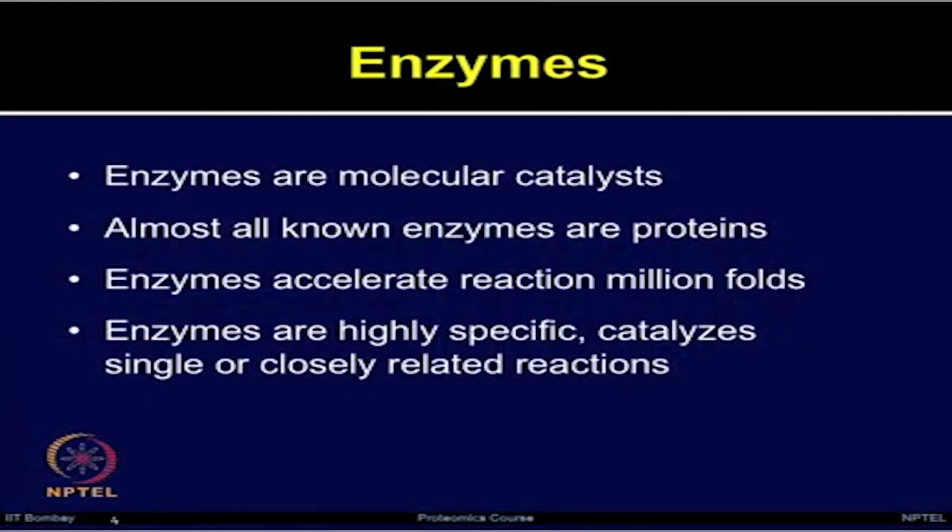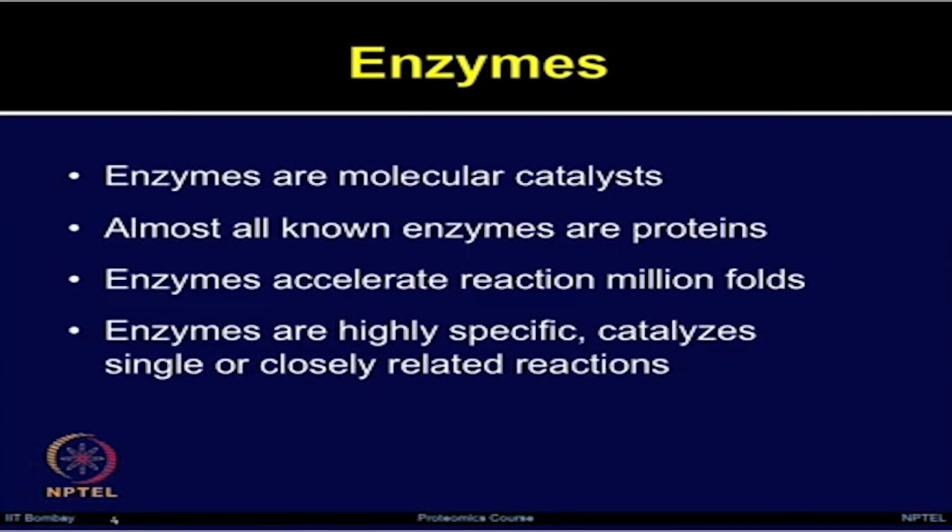So, what are enzymes? Enzymes are molecular catalysts. Almost all the known enzymes are proteins, and as we have discussed in the previous lecture, there are 20 amino acids which offer an array of chemical forces.